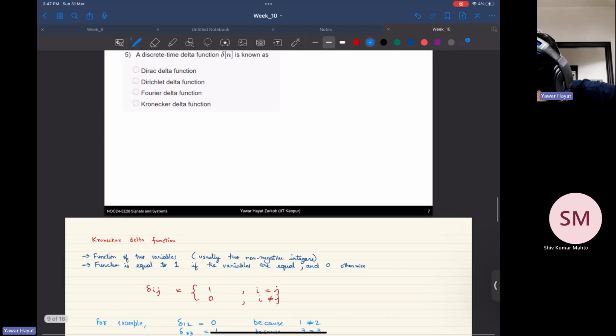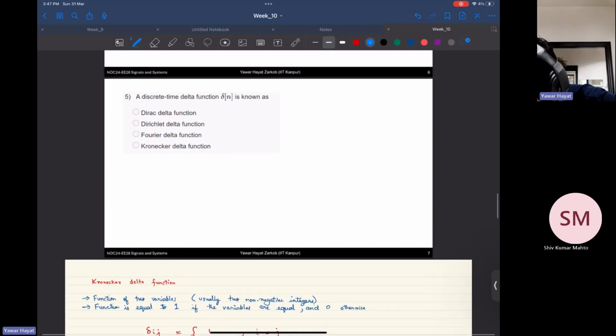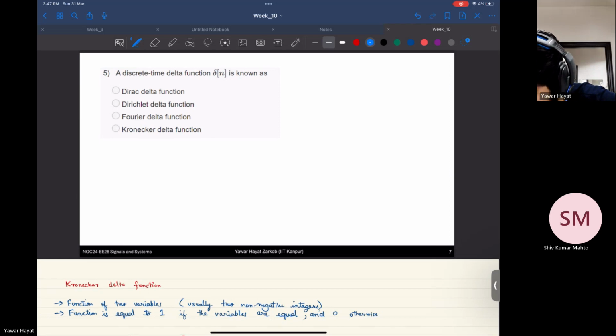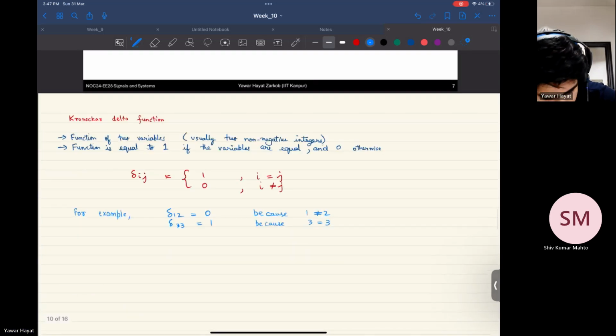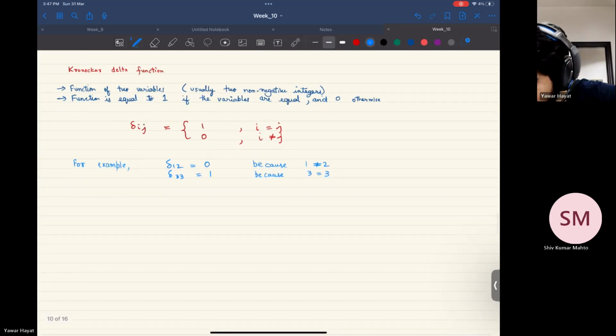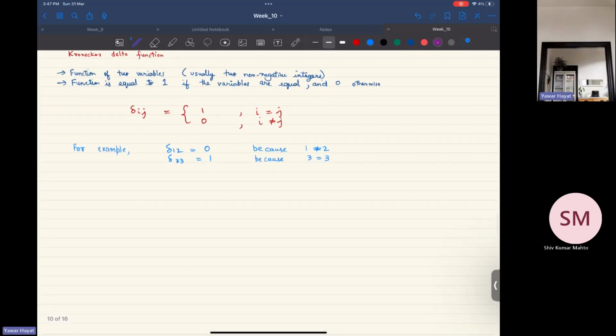Okay. Now, given that we briefly recapped the Kronecker delta function, the question asked us what this discrete time delta function is known as, or what it is. I'll write it as follows.